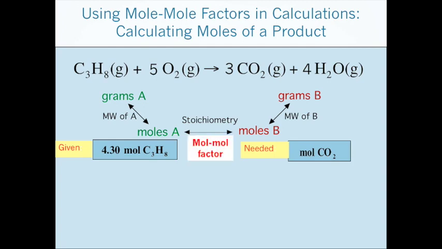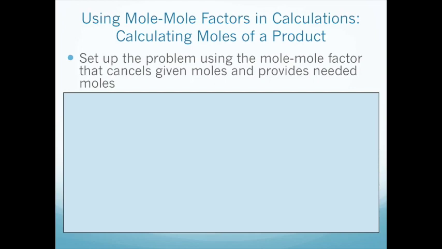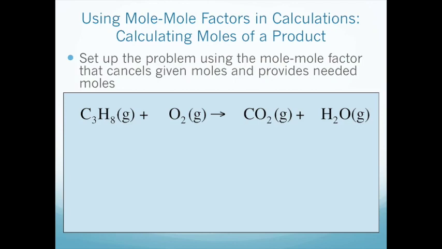In this case, the mole-to-mole factor is 1 mole of propane produces 3 moles of carbon dioxide. Now we set up the problem using our mole-to-mole factor, and this cancels the given moles and provides needed moles. Here's our equation again for reference.